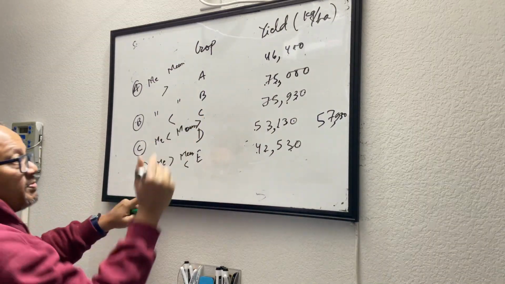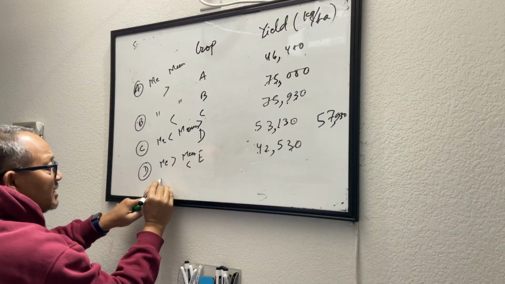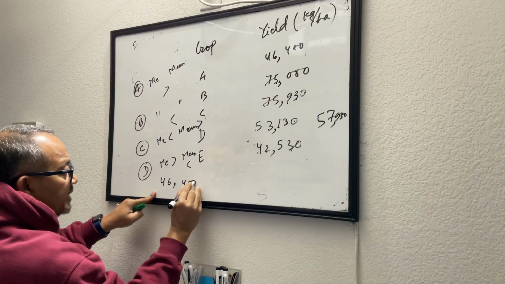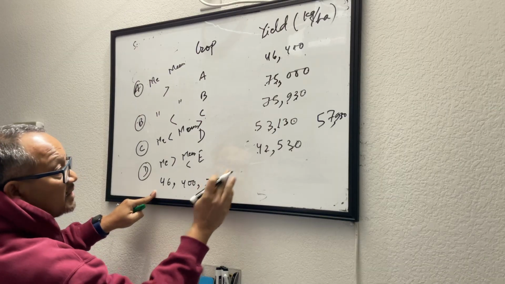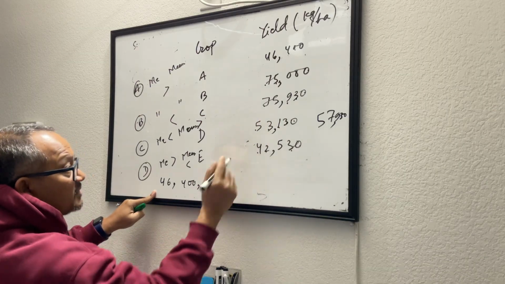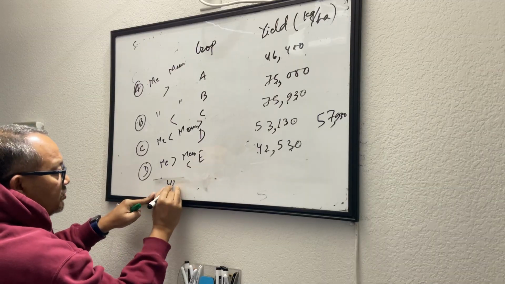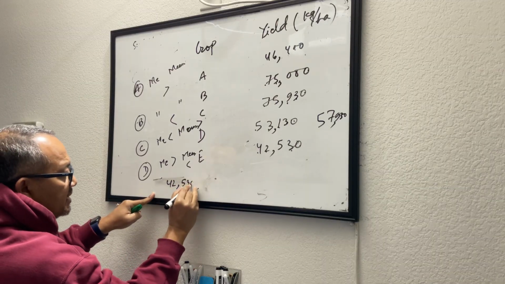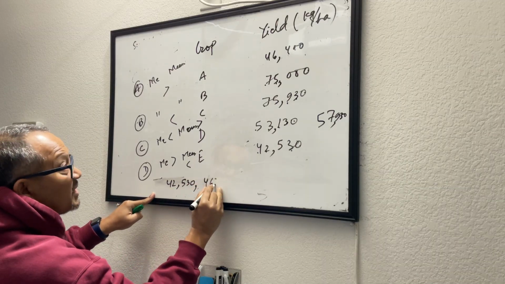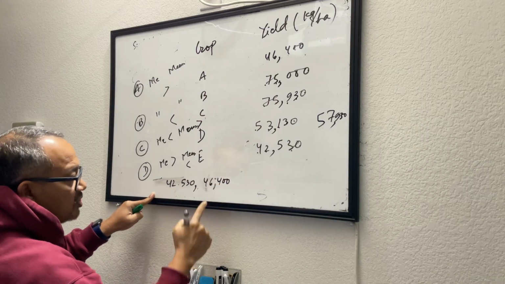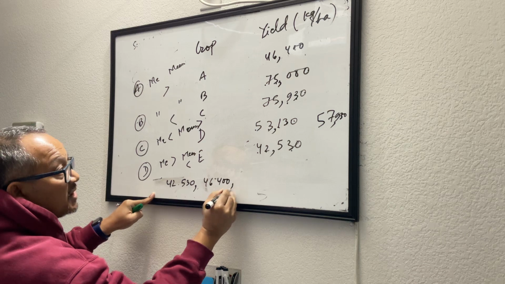So my median would be like, okay, let's arrange them in the increasing order first. 56,400, 70, then 53. Next is, no, my smallest is 42,000. 42,530, 46,400. I will not put a comma, that will confuse you guys.